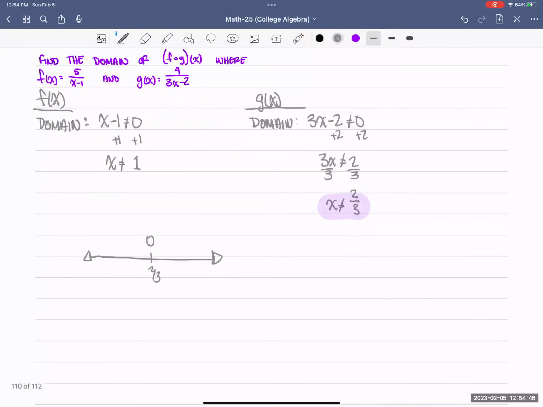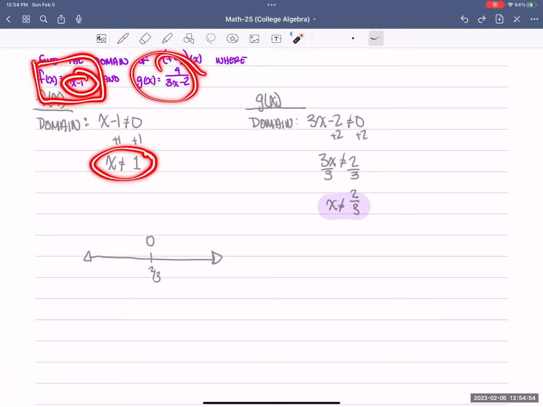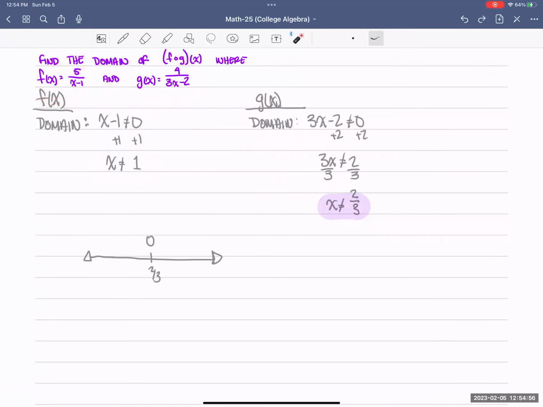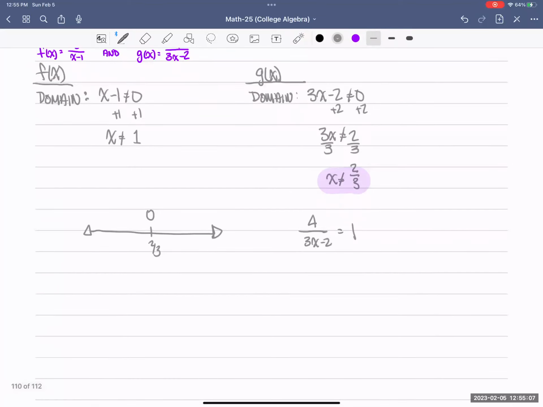So where our function g of x is equal to 1, because that's what's going to make this undefined. So we have 4 over 3x minus 2 equal to 1, because it should not equal 1. We could start solving from here. To get rid of those fractions, we can multiply both sides by 3x minus 2.